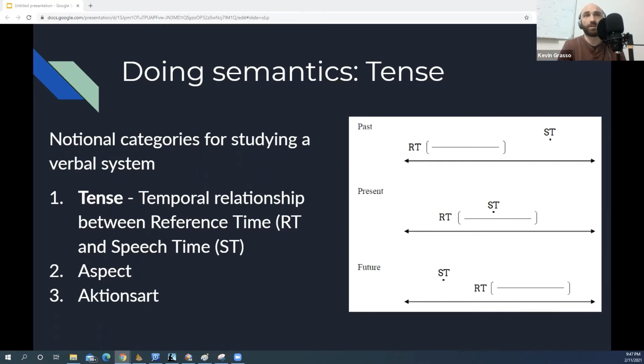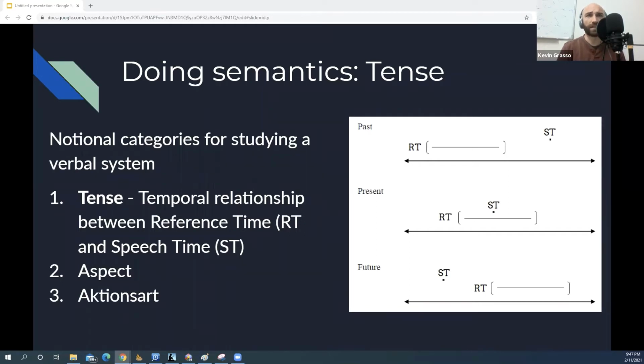Again, if you read the literature on tense, there's a lot more to it than this. But this is the basic idea, that we can define certain relationships between when we are uttering a sentence and the time about which we are talking, right? So that's the basic relationship.